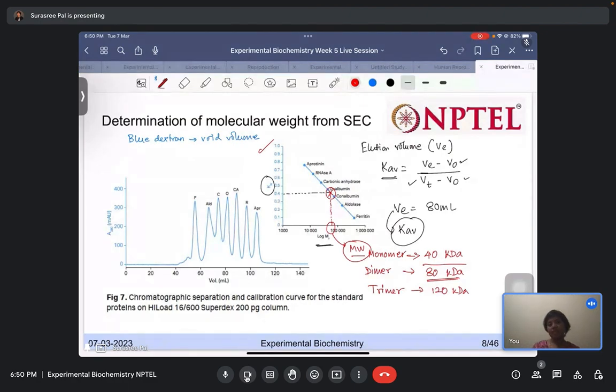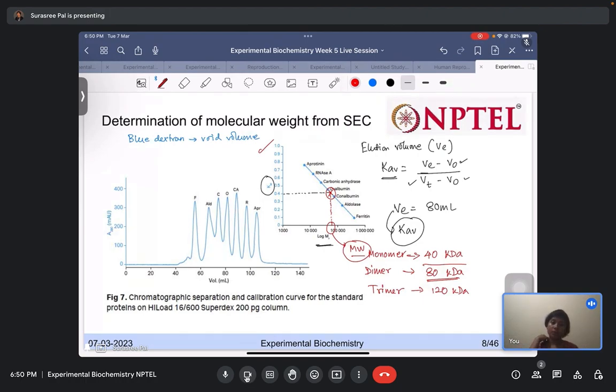So if the protein is a monomer, its molecular weight is 40 kilodalton, so it's a smaller protein, it will be eluting later, right? So its elution volume will be higher. But if the protein is eluted at a lesser volume, that means it is eluting out faster, right?